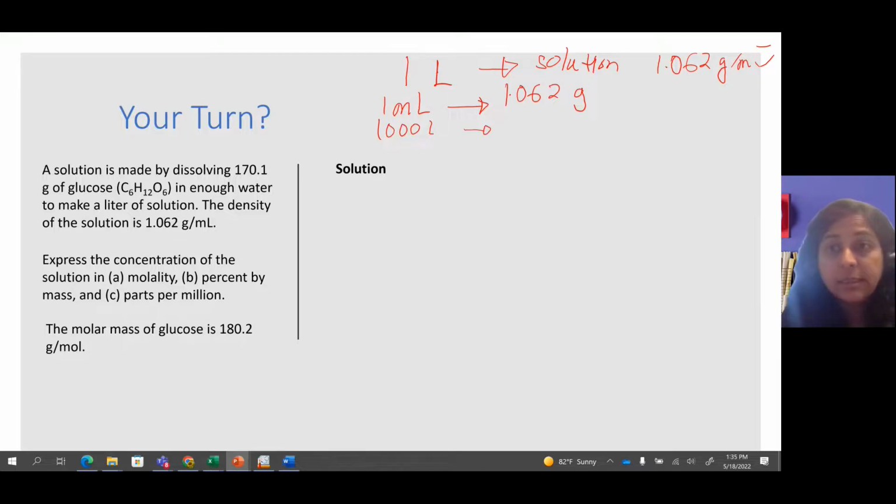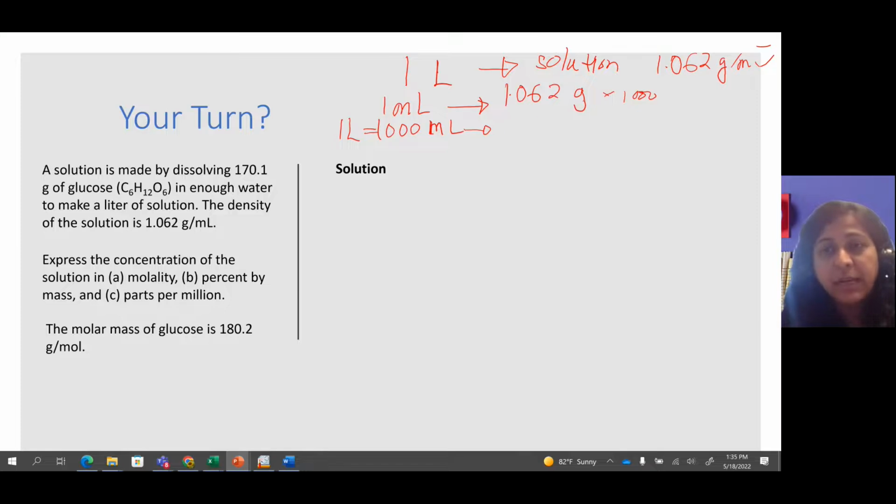You need to multiply that by 1000 milliliters, because 1 liter equals 1000 milliliters.